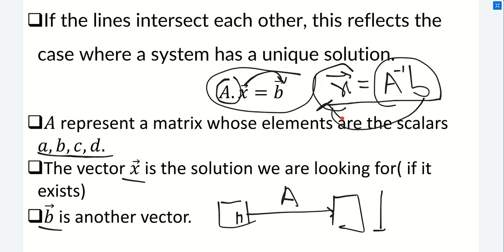If we use the inverse, we are transforming X to B, but for us to be able to get our X, we need to carry B back to X. That's why we are finding the inverse. So I'm taking you from your school to your house. That is what is happening over here, because we are transforming X to B, we can also transform B to X. And once we do that transformation, we know the value of X.